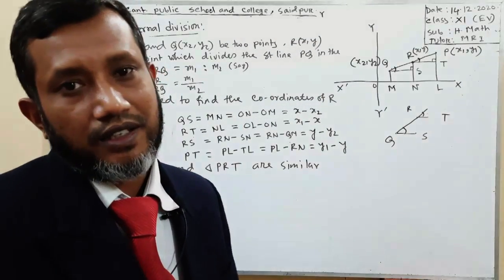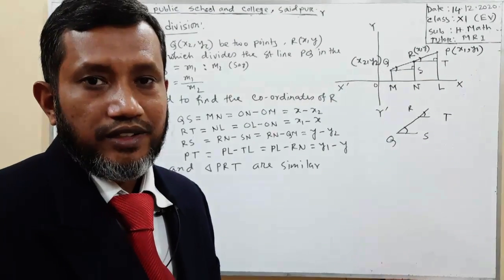If two triangles are similar, their matching sides are proportional.